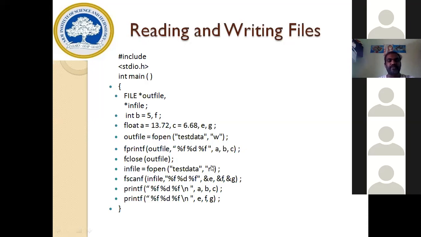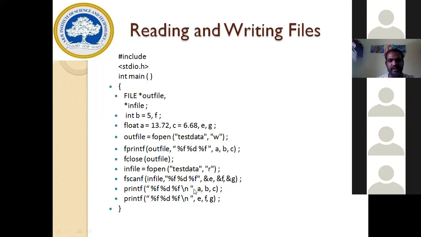One more file you are opening, it is infile, opening for reading purposes, the name of the file again test data. So fscanf with infile, again you are going to use 3 different variables. This fscanf function is going to read the values in the test data. Already we have written some values into the test data: a equal to 13.72, b equal to 5, and c equal to 6.68.